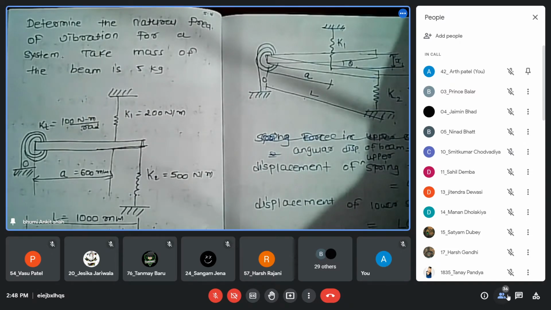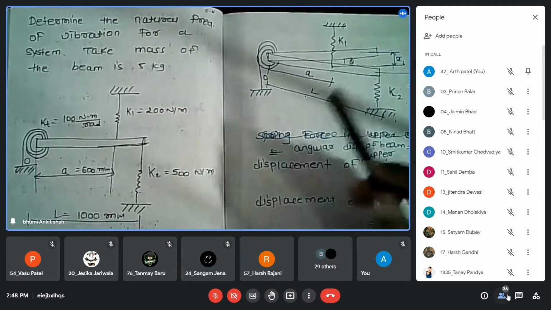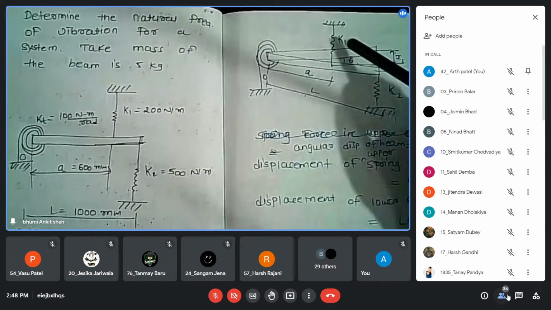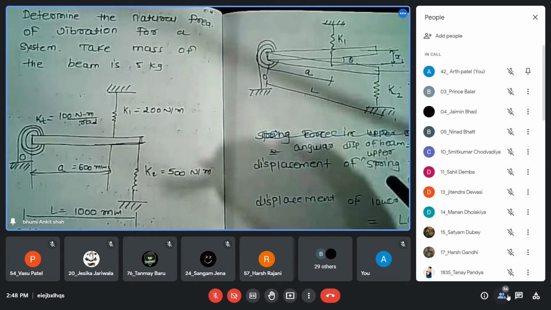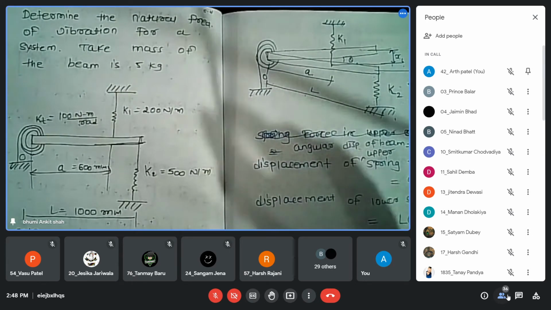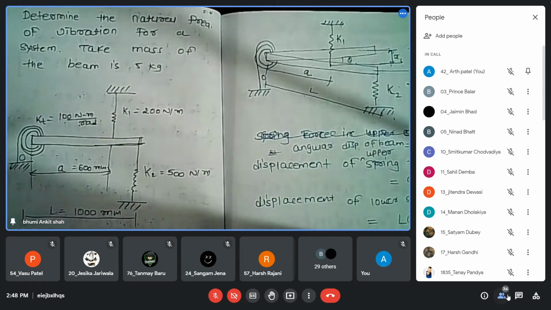How many components we have? We have 3 springs and 1 beam, right? So kinetic energy can be considered for both of the springs.